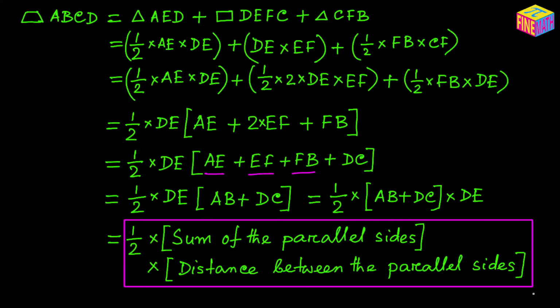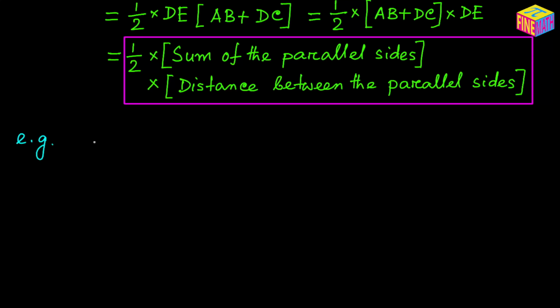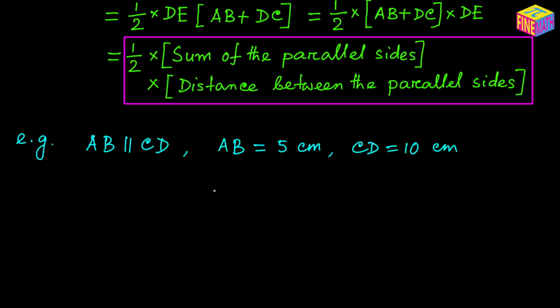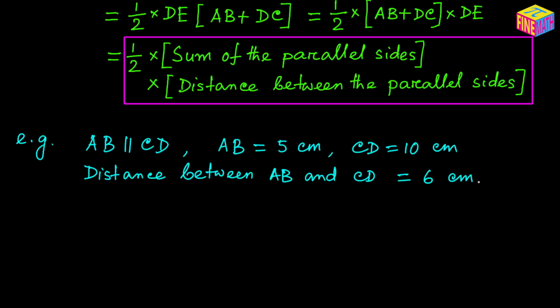Now let's take an example. Suppose we have a trapezoid where AB is parallel to CD, and AB is equal to 5 centimeters, CD is equal to 10 centimeters, and the distance between the two parallel sides is, let's say, 6 centimeters. What would be the area of this trapezoid?